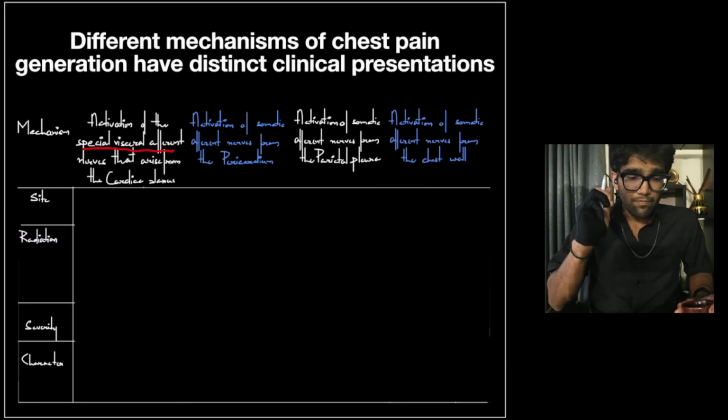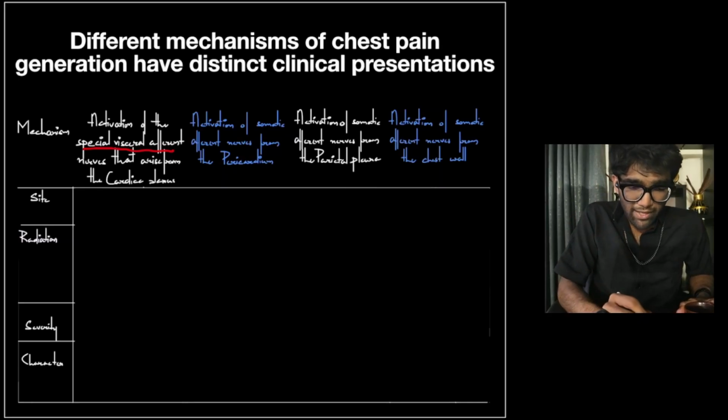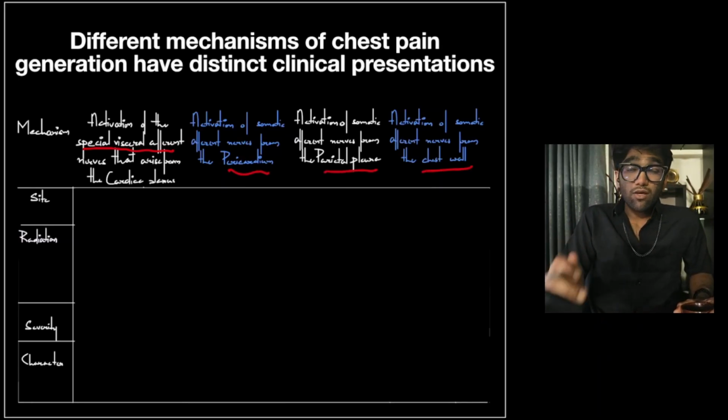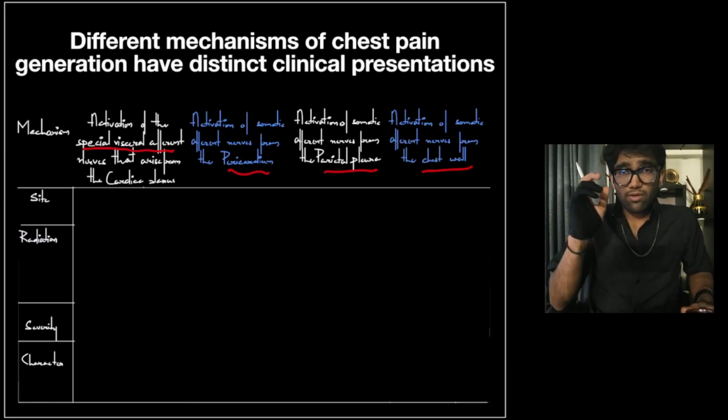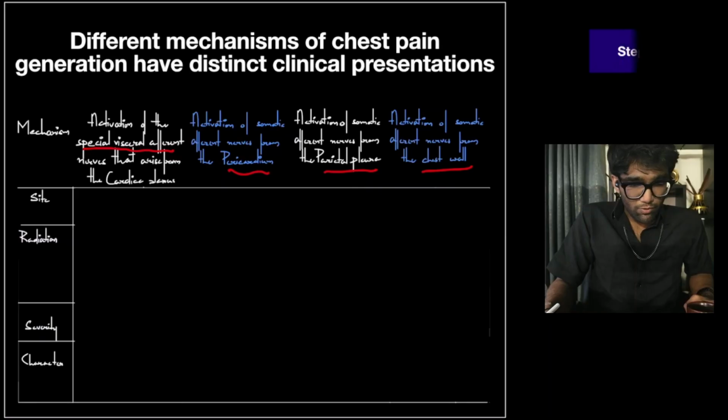Whereas pain can also arise from somatic afferent nerves, either supplying the pericardium or the parietal pleura or from the chest wall. Now the brain is able to exactly say that the pain is coming from this exact location. So if the patient is able to localize the pain well, then typically it is quite easy for us to differentiate. Okay, so let's see what happens.